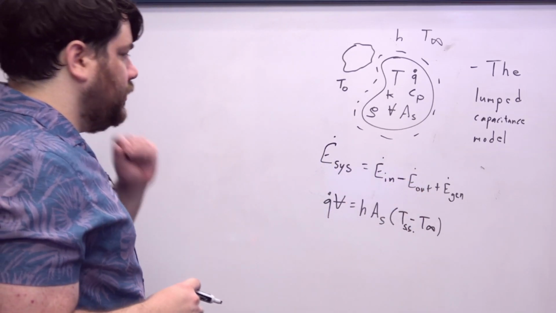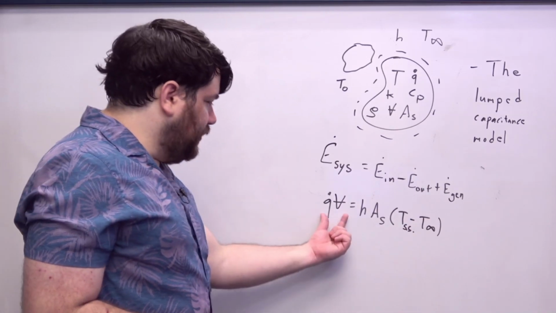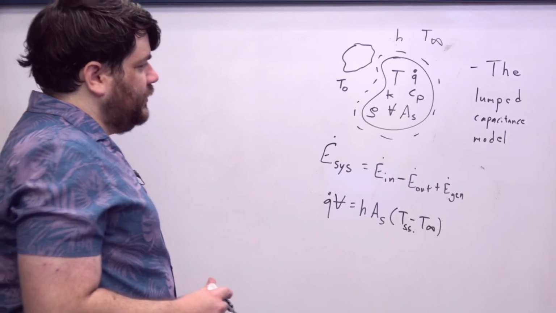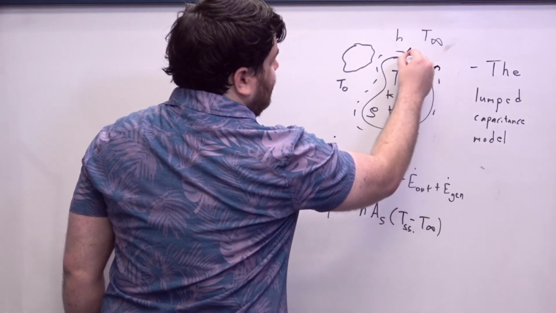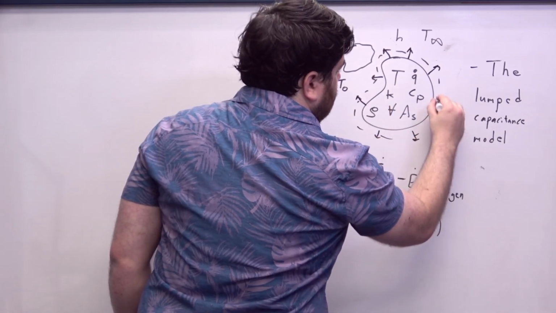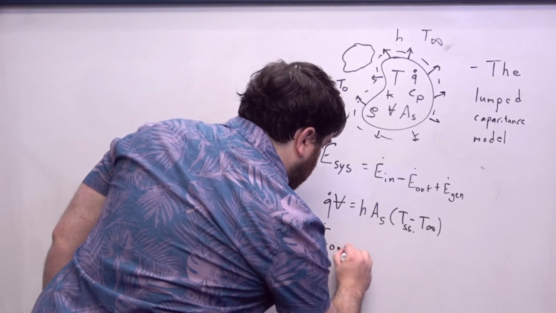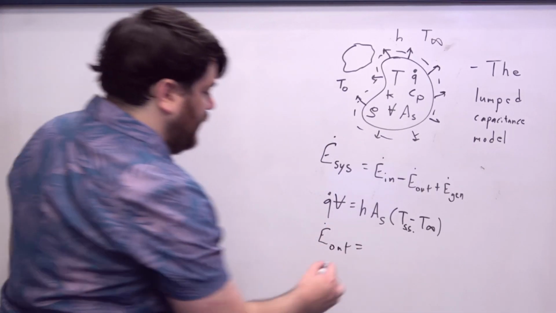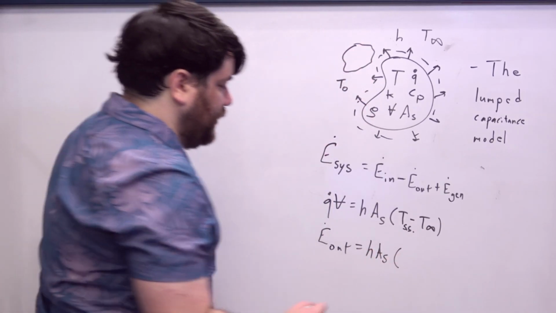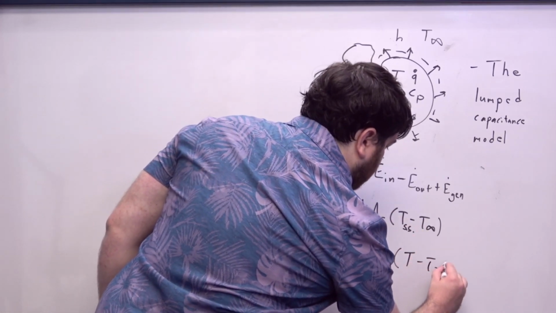Okay, so this E dot gen term, which is not 0, is equal to this, but this is also equal to this. If we assume that the heat transfer is happening entirely outwards, then we find that E dot out, right, has to be h times As times the temperature of the object at whatever time we're analyzing it at, minus T infinity.